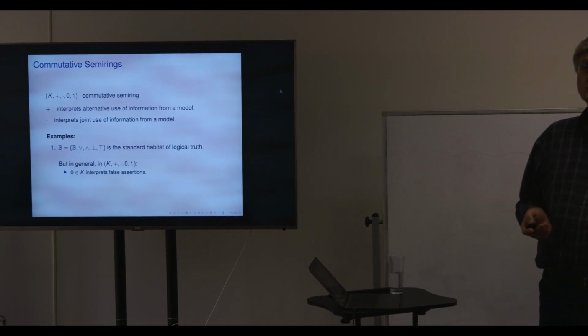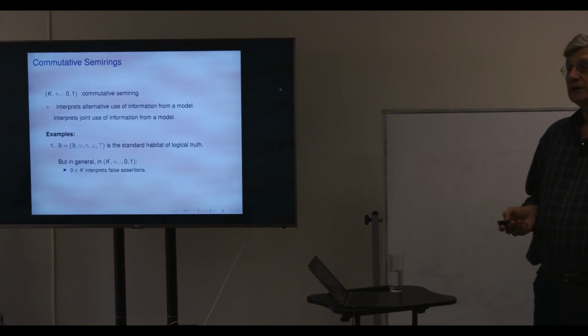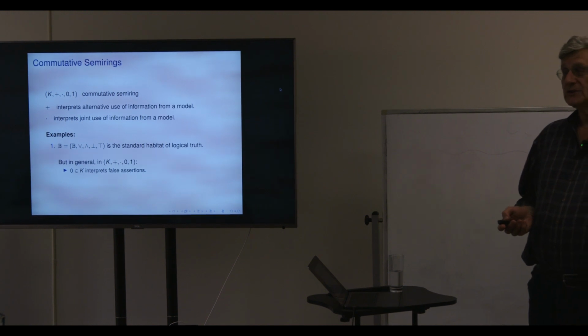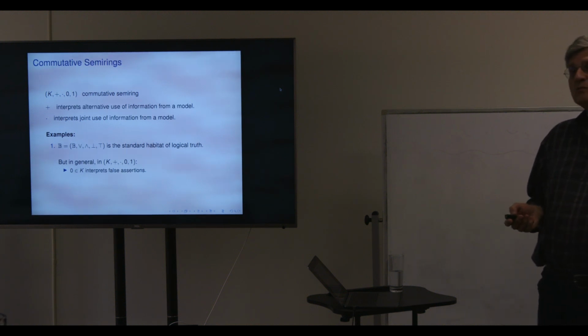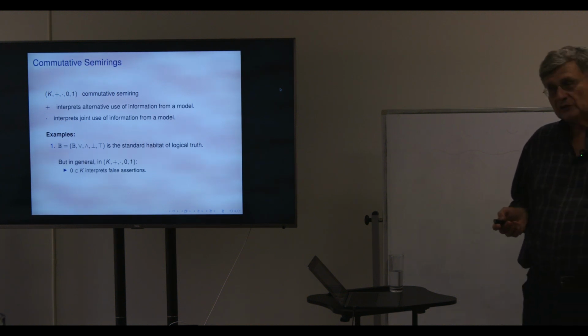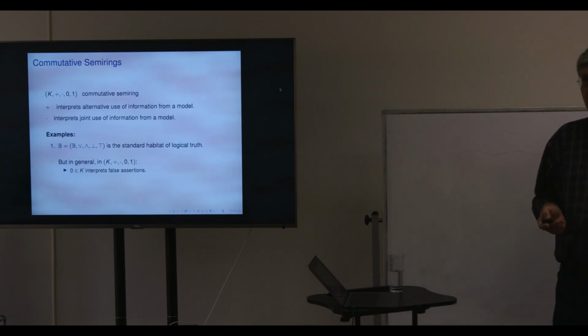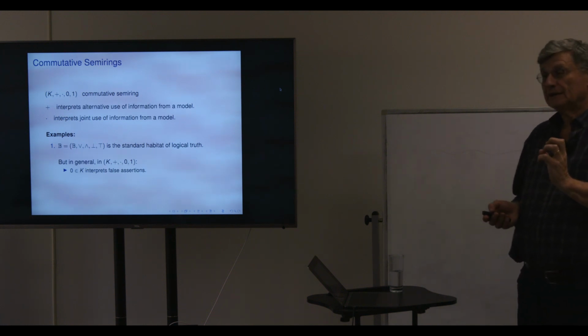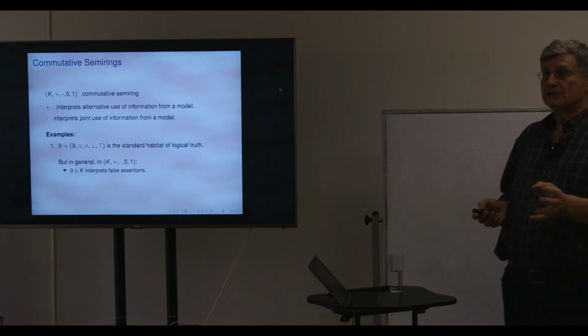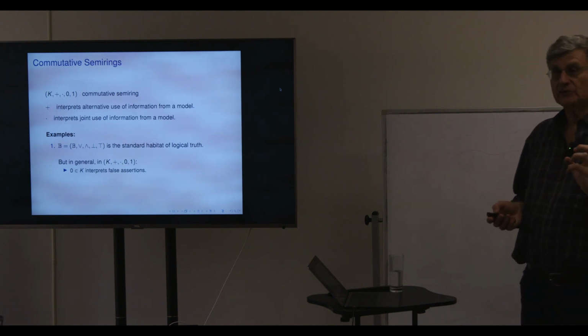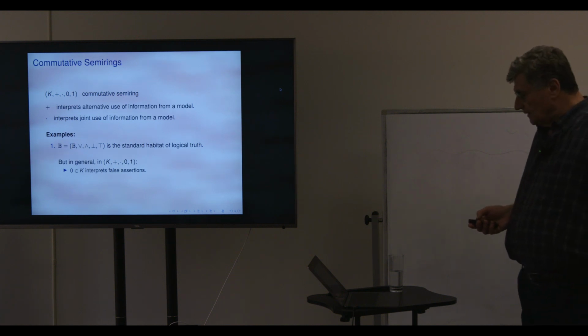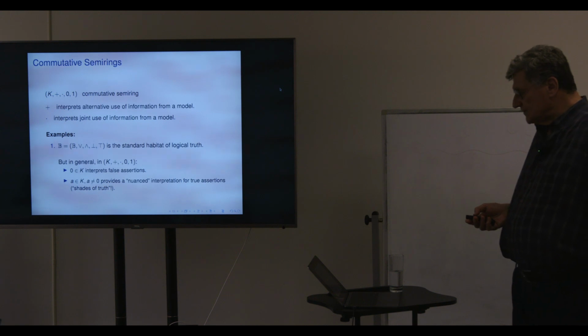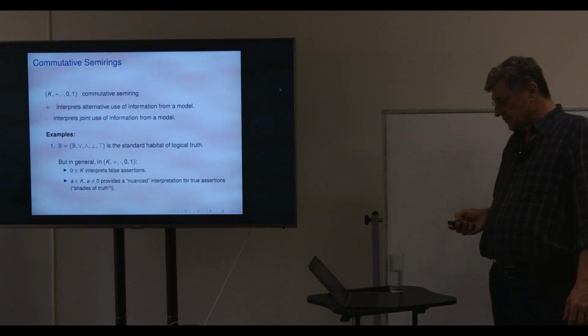So the question is, if you interpret the first-order sentence in a commutative semiring and you get something that's not 0, what does it mean? Well, it means that it's true, but there are a variety of values, kind of shades of truth, that can be associated with how that sentence is true in the model. So a nuanced interpretation for true assertions, shades of truth.